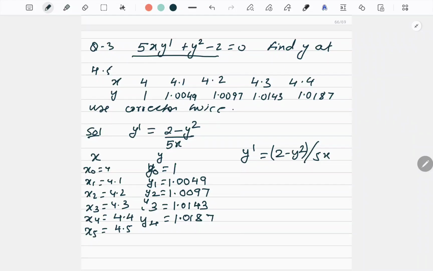Okay, then y dash means 2 minus y square by 5x. Okay, so now I'll substitute the values and pause the video and calculate.